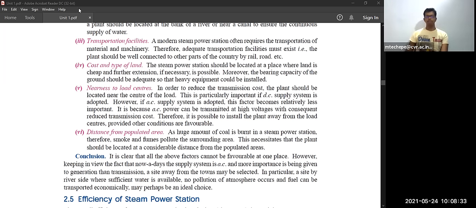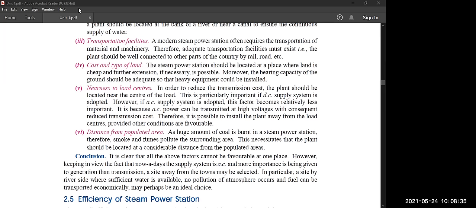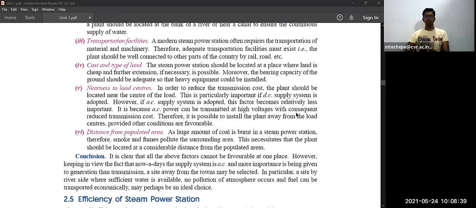Next is cost and type of the land. The steam power plant should be located at a place where land is cheap and further extension is possible. Land cost should be cheap, and further extension should also be possible. As I said, you have to buy the land at a very cheap cost.